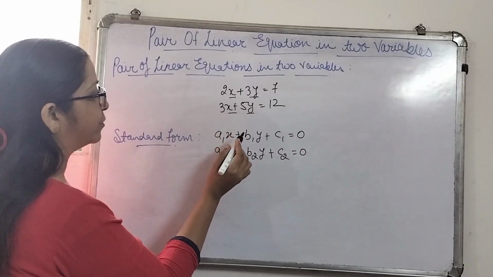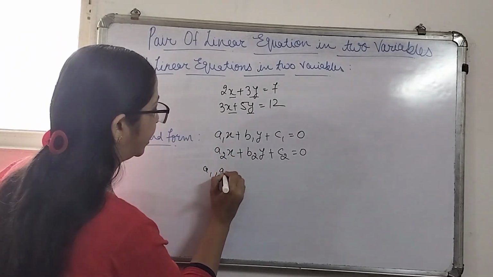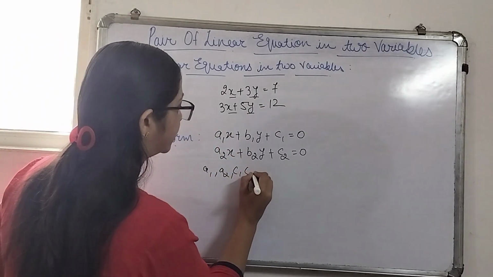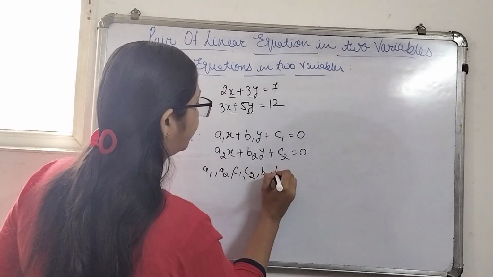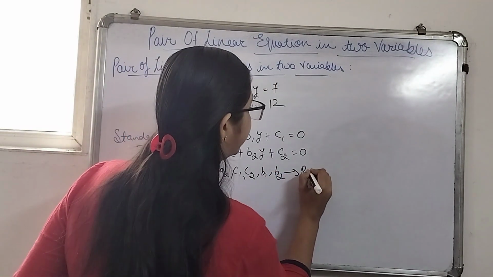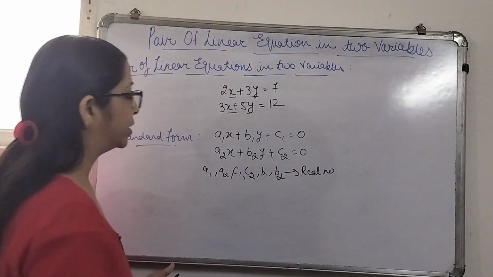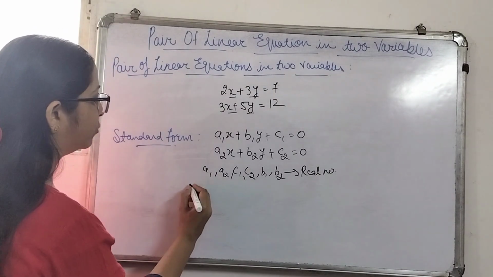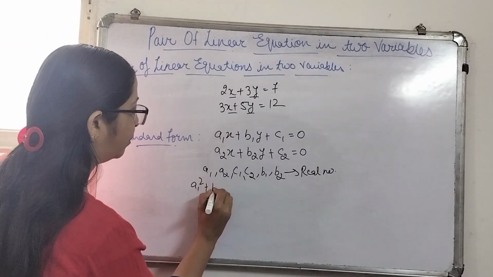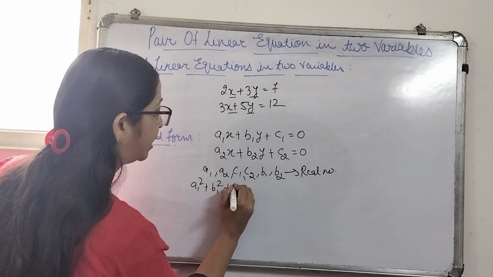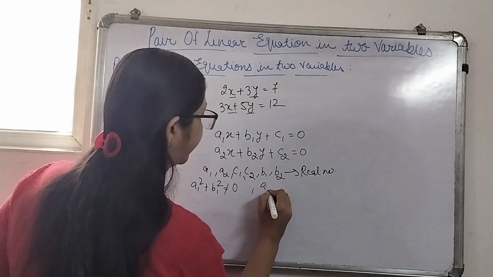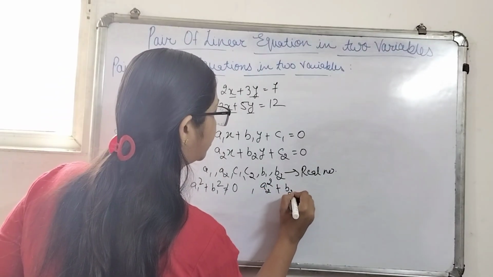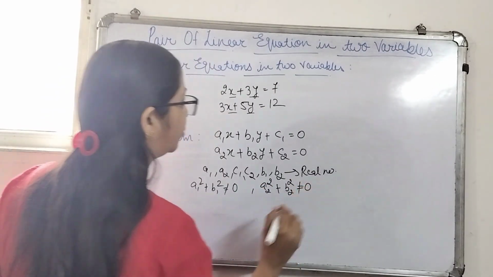So here we have seen that a1, a2, b1, b2, c1, c2, all these are real numbers, and along with that a1 square plus b1 square is not equivalent to 0, and a2 square plus b2 square is not equivalent to 0.